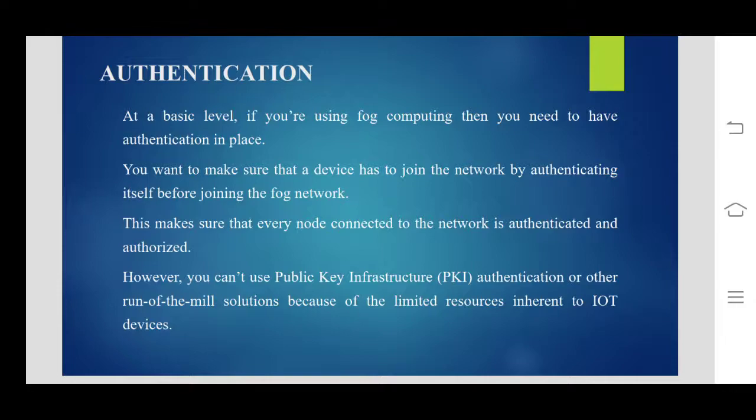authentication. At the basic level, if you are using fog computing, then you need to have authentication in place. You want to make sure that a device has to join the network by authenticating itself before joining the fog network.